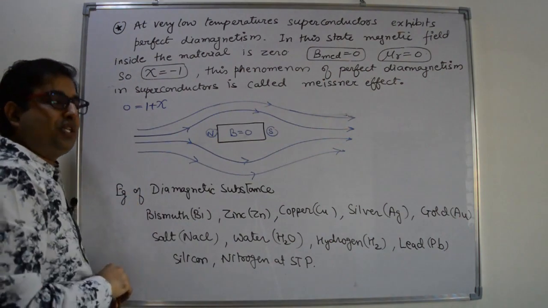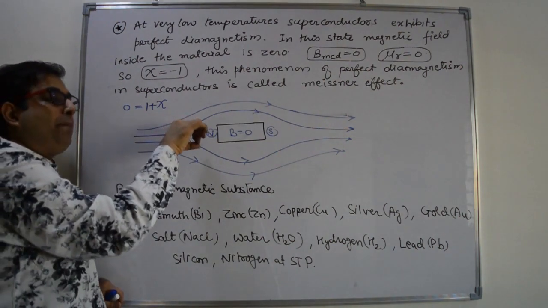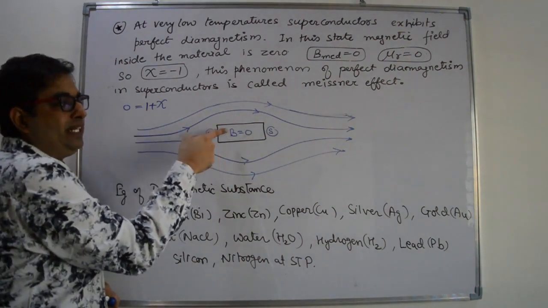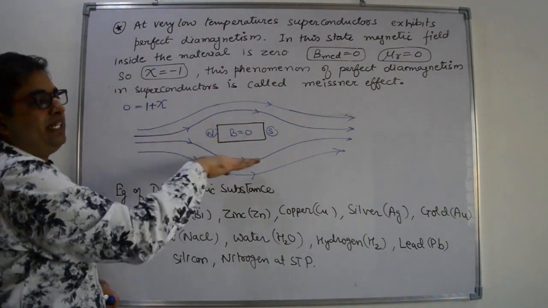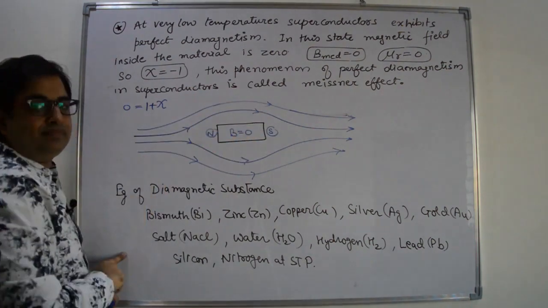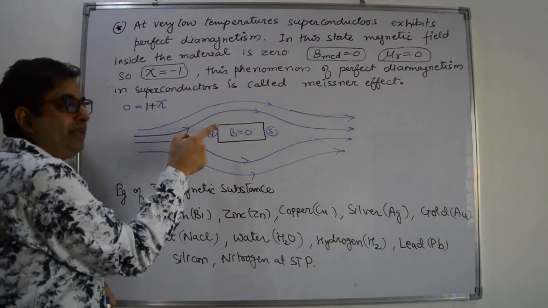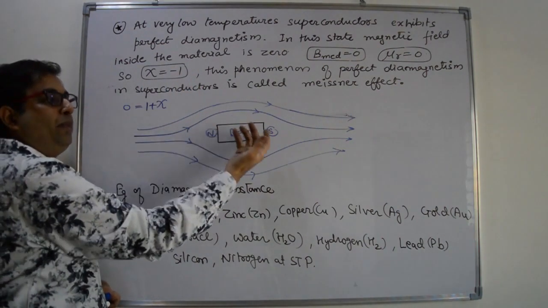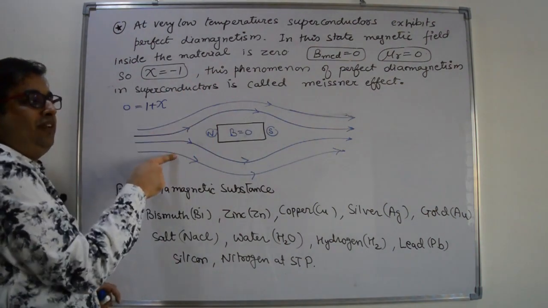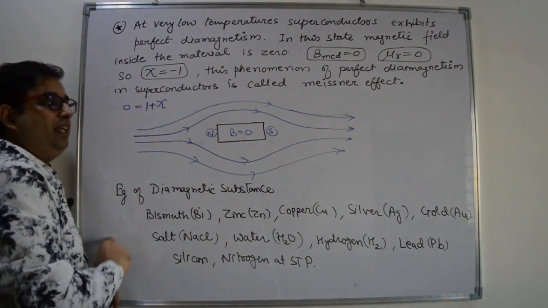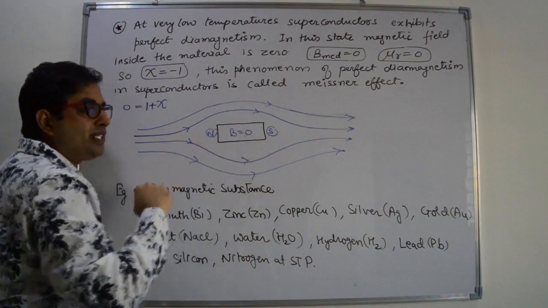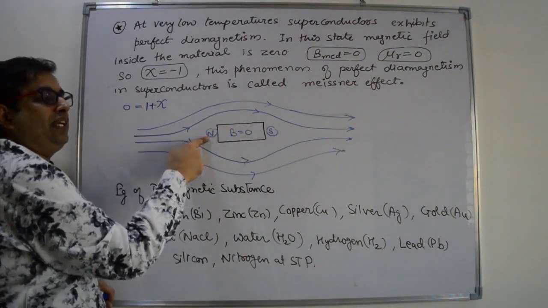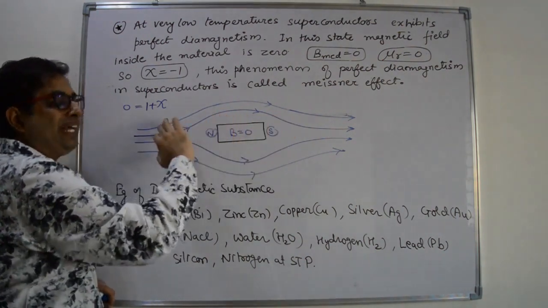and in this state, because the material is oppositely magnetized, this material will repel the magnetic lines of force. So the net magnetic field inside the material is zero. These lines are representing the net magnetic field, right? Because the magnetic field created by the diamagnetic material is in the opposite sense, this material will repel the external magnetic field, and the net magnetic field inside the material is zero, because the external field and the magnetic field created by this material will cancel out.